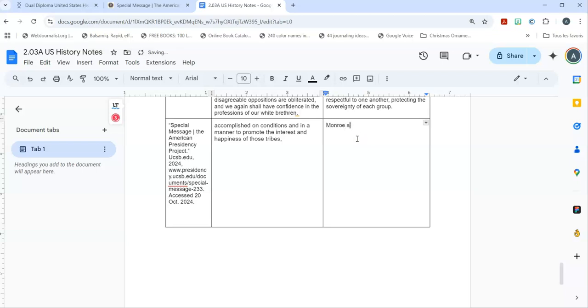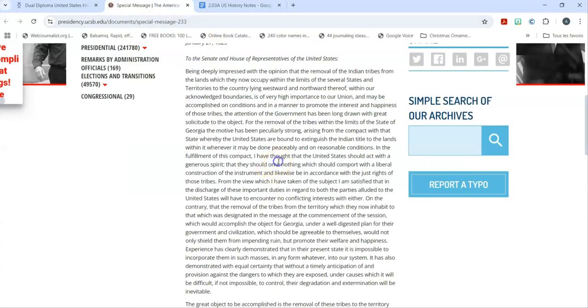So Monroe suggests that the U.S. can relocate the native tribes in a way that is also conducive to their happiness, safety, and security. So he's saying we could do this in a way that doesn't hurt anybody.